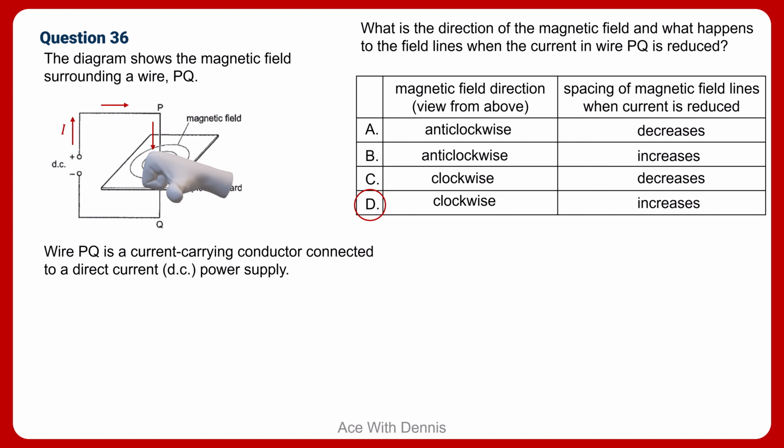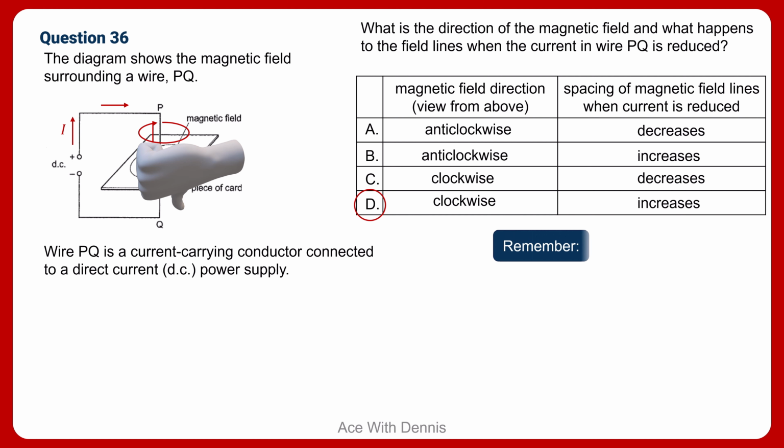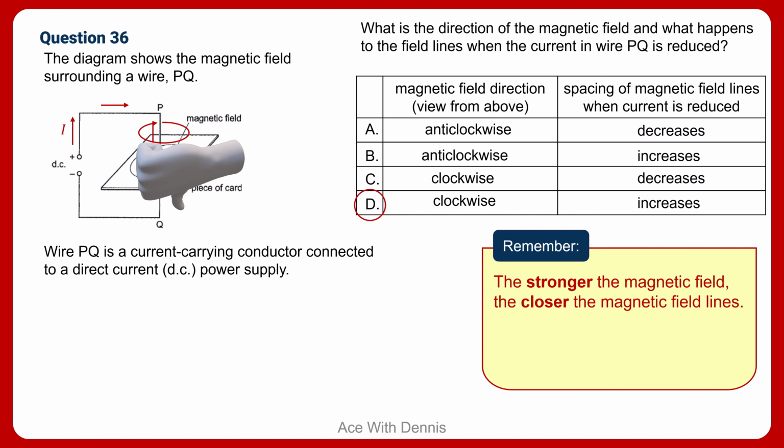The thumb will point towards the direction of the current flow, and then the four fingers will show you the direction of the magnetic field. As you can see from here, it is clockwise direction. For the spacing of magnetic field lines when current is reduced, remember that the stronger the magnetic field, the closer the magnetic field lines. On the other hand, the weaker the magnetic field, the further the magnetic field lines are apart. So the answer will be D.